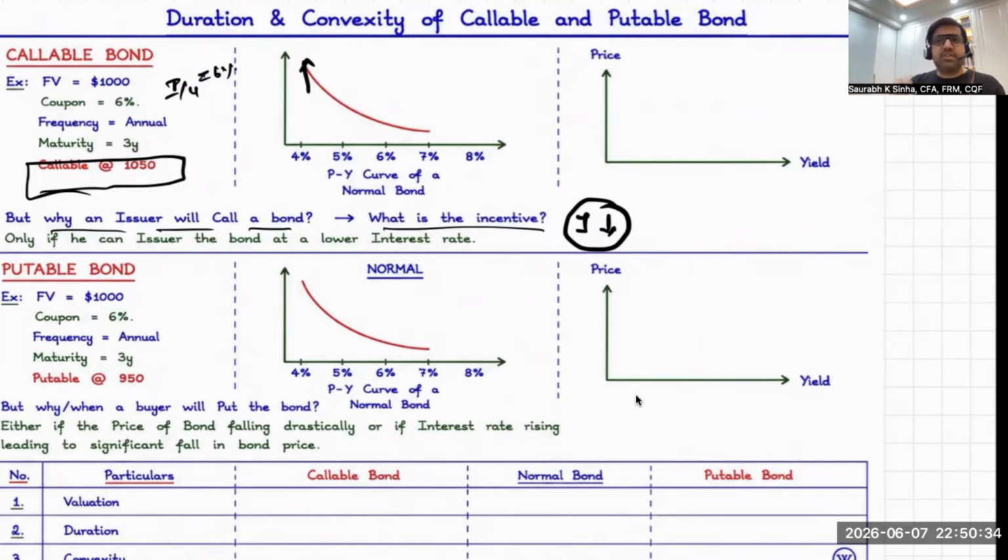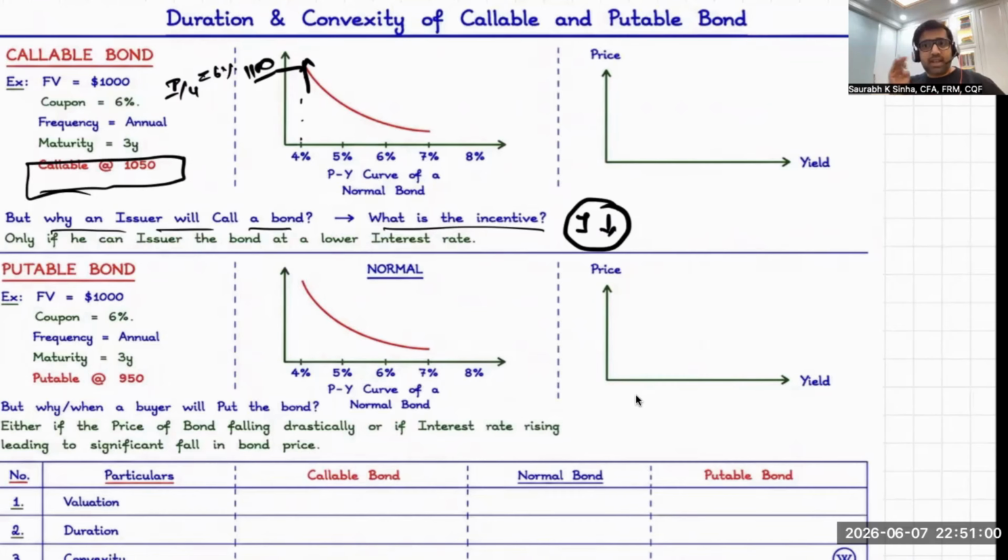Because if interest rate is falling and if you calculate the bond price at a lower interest rate of say 4%, 5%, and it came to say 1100, the bond issuer will come and buy back the bond at 1050. So why anyone on the planet will buy the bond at 1100?